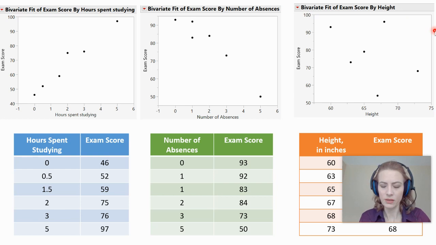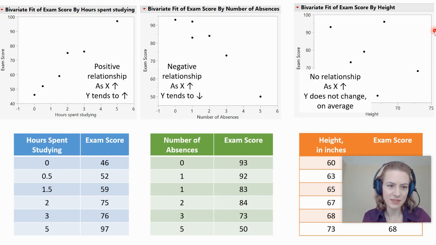So these exemplify the three directions of a relationship that we might see. If X increases and Y tends to increase, the general pattern is sloping upward, we would call that a positive relationship.